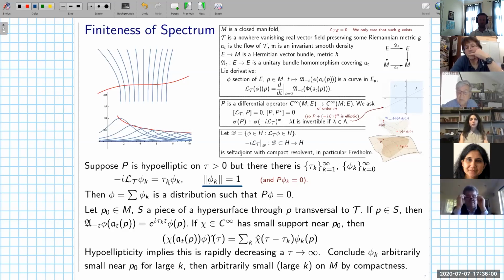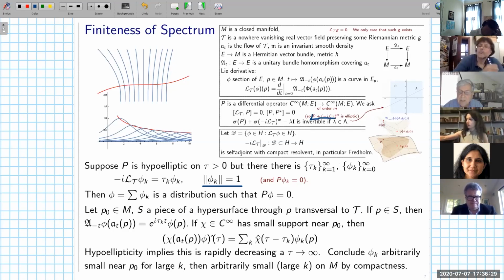The eigenvalues, by the way, tend to infinity because one can show that there is a kind of bound, like a Weyl estimate for the number of eigenvalues for this kind of thing. So these eigenvalues are eigenvalues of this operator.